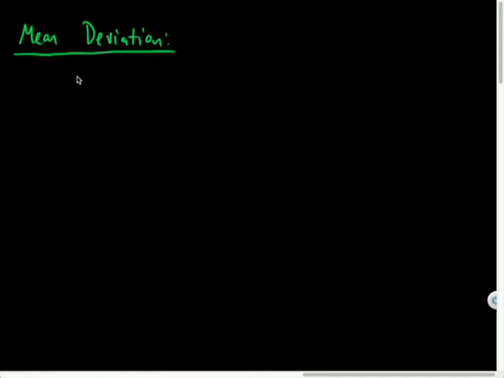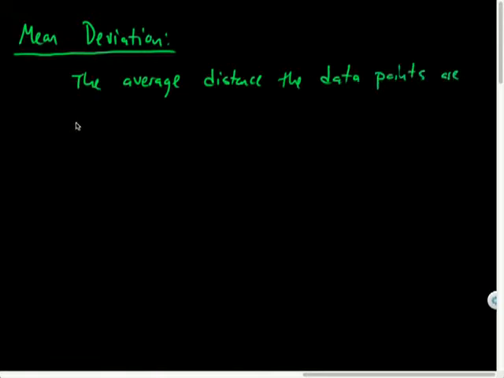So this is actually going to be the average distance the data points are from the mean. That is the definition.